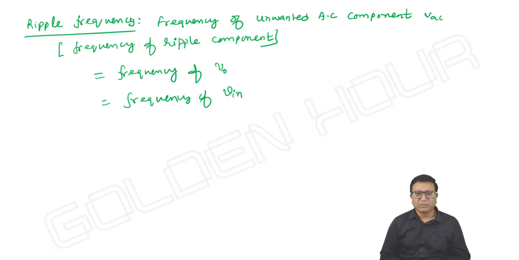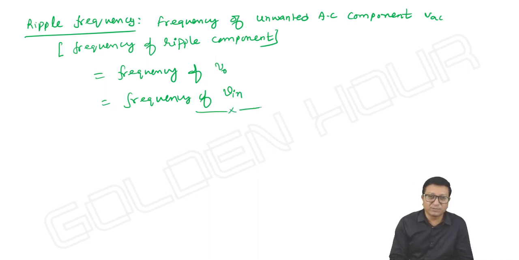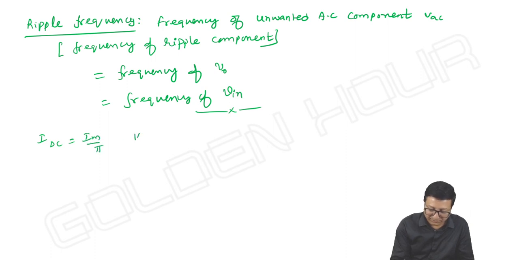Okay, so we calculated here some parameters. As far as this half wave rectifier is concerned, first I calculated IDC. It is Im by pi. From that, VDC is also calculated. It is not Vm by pi; it is Vm by pi into RL by RS plus RF plus RL.